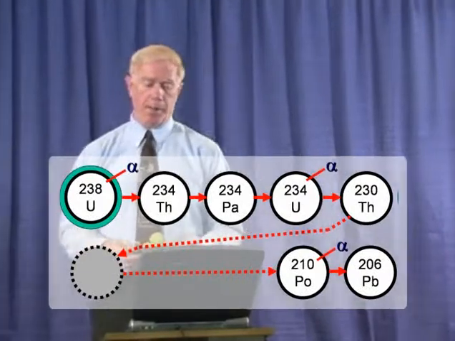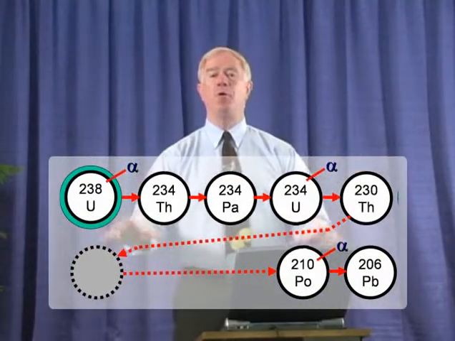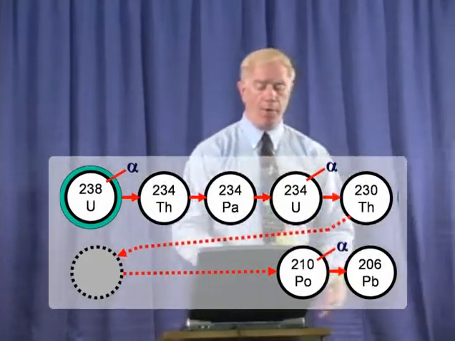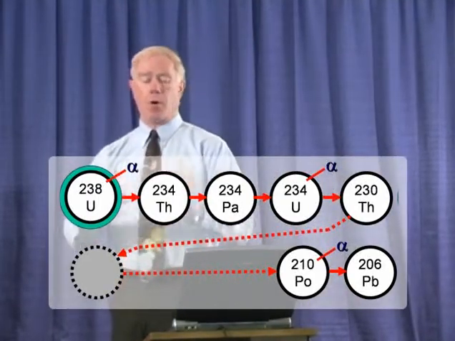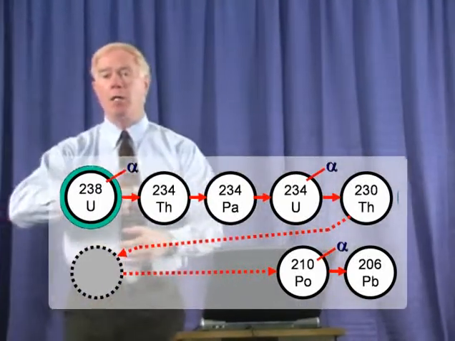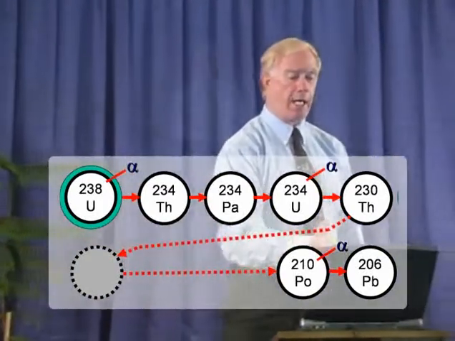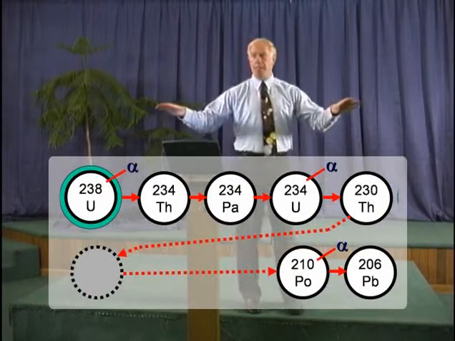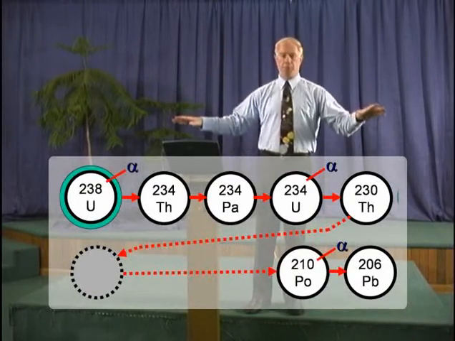What we see here in this whole process is that uranium-238 gradually decays to lead, but it does it in many, many steps. For example, uranium decays into thorium, then into protactinium, and then on down the line and eventually into lead. And once it gets down to lead-206, it stays lead-206. It's a stable isotope.